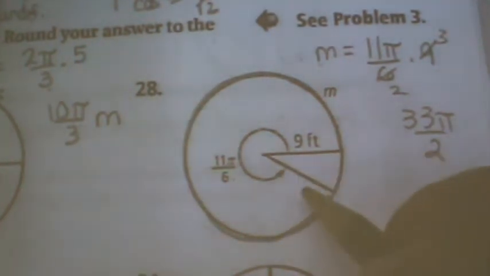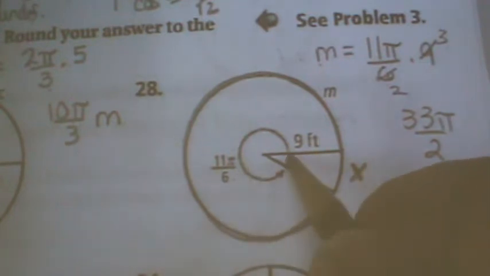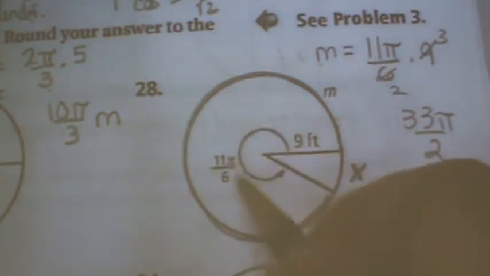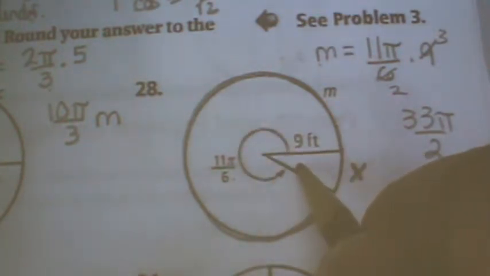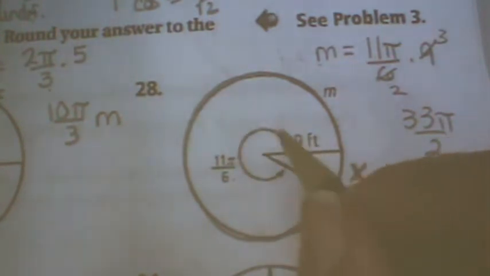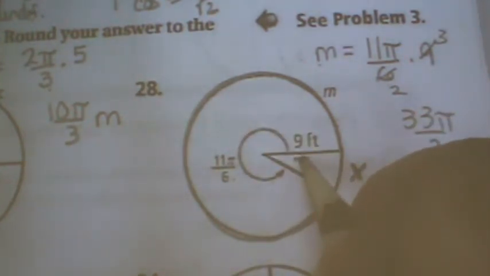Now, just for fun, what if I had asked you what this angle is, or this arc, from here to here? If from here to here is 11 pi over 6, you figure out what's left. If a whole circle is 12 pi over 6, because that's another way of saying 2 pi, what's this right here?